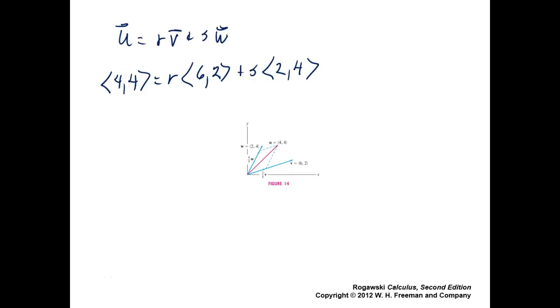When it says express u as a linear combination of v and w, they gave you u, v, and w, so basically they're asking you to find the scalars r and s. So how would we go about doing that? Any ideas?